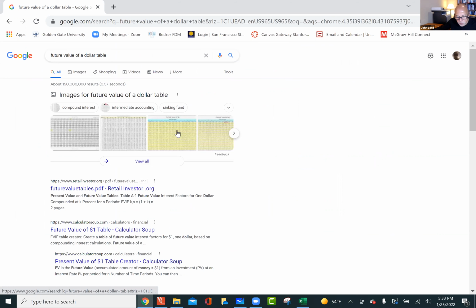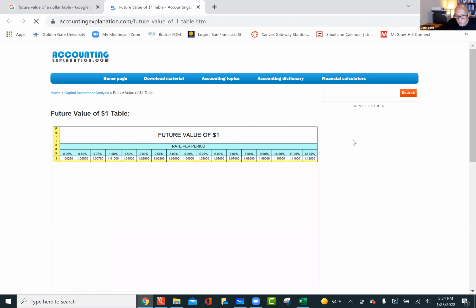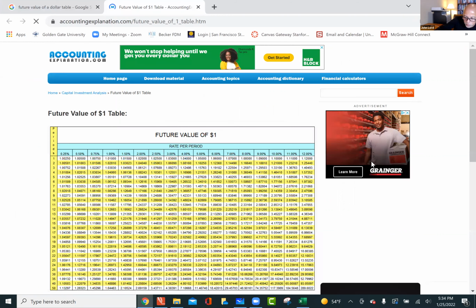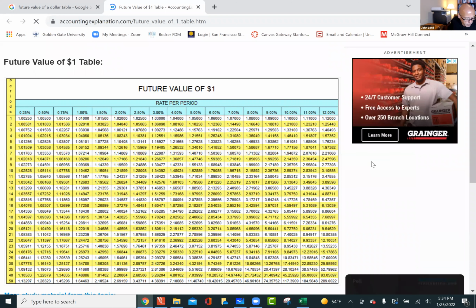Okay, and this looks like future value of the dollar. Hopefully you can see that on your screen. You may have to make your screen a little bigger, but what we would do here is follow the information in that particular calculation. We have an 8% stated interest rate compounded semi-annually, 2 times per year.